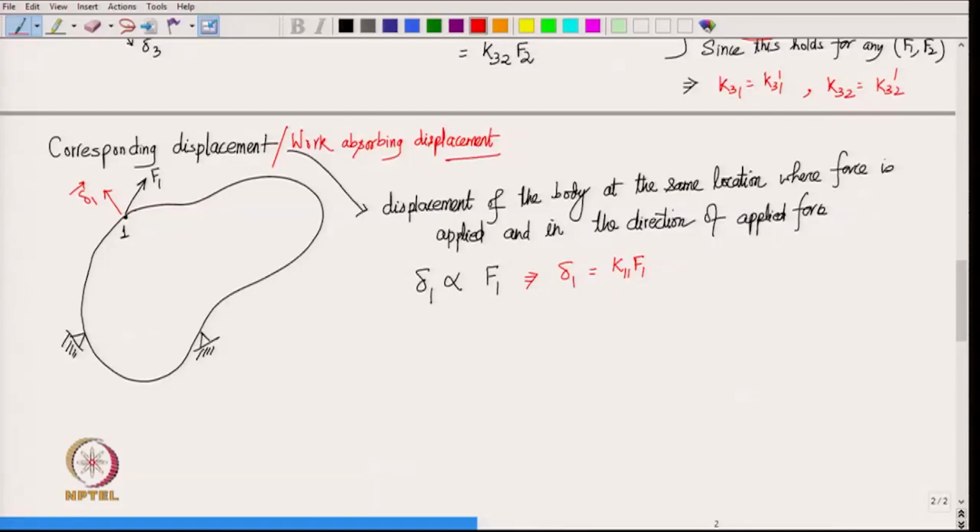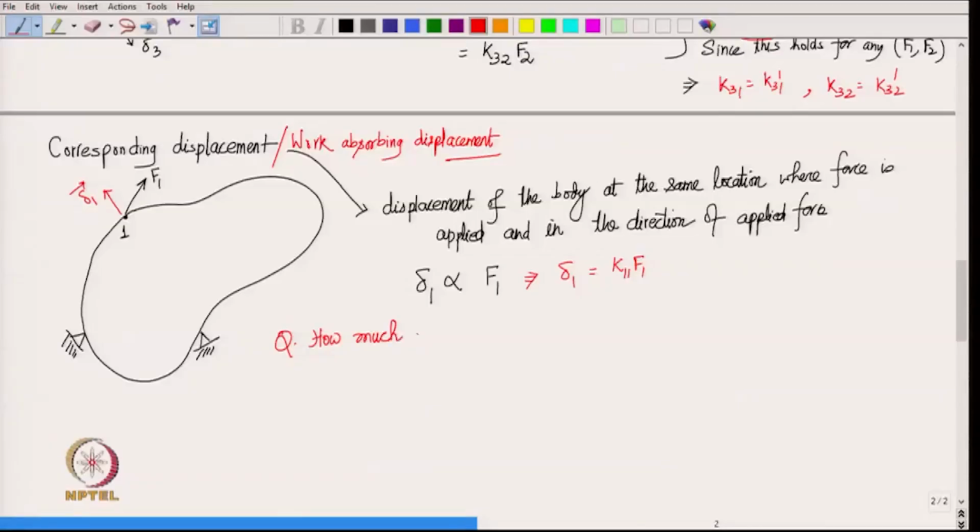All right. Then the next question is, how much is the energy stored in the deformable body due to the application of force 1? Okay. How much is the energy stored in the deformable body due to force F1?